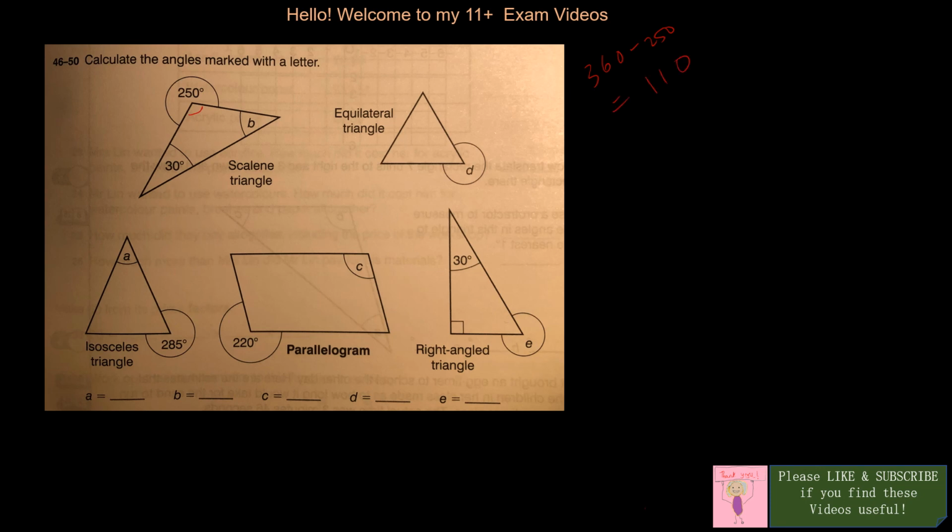So that's 110. So it's 180 minus 30 plus 110, which is 180 minus 140, is 40. So B is 40.